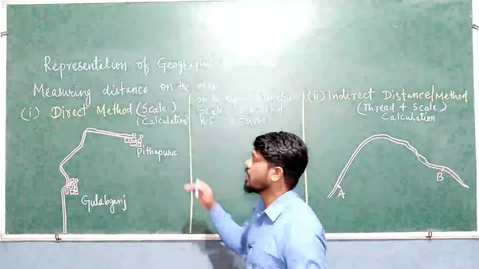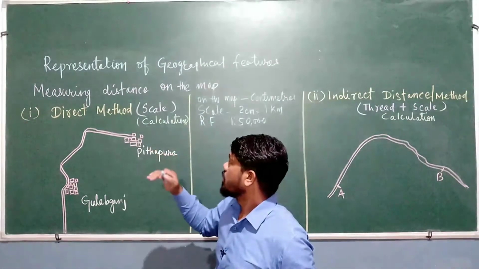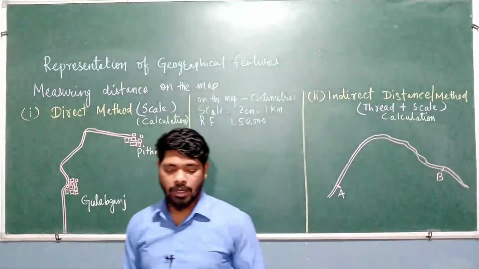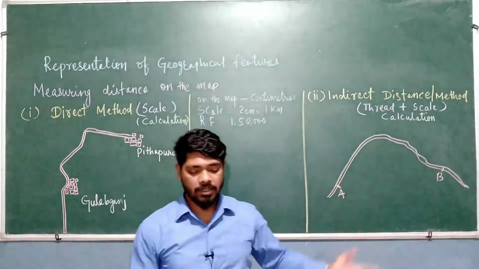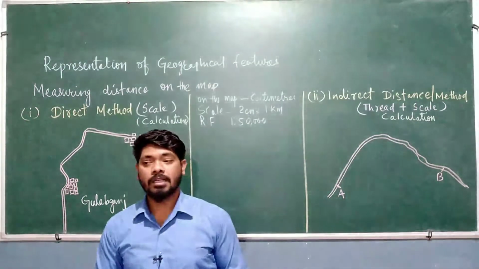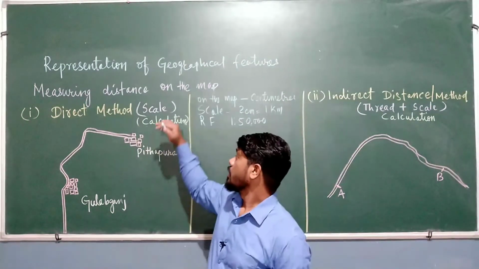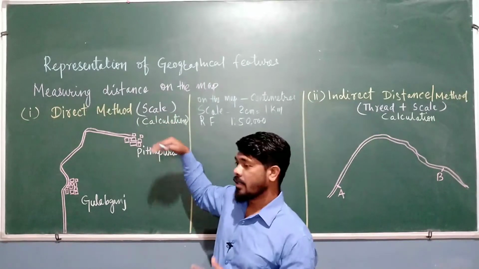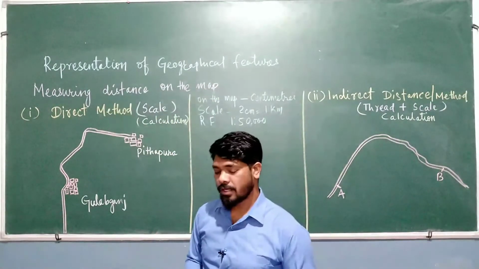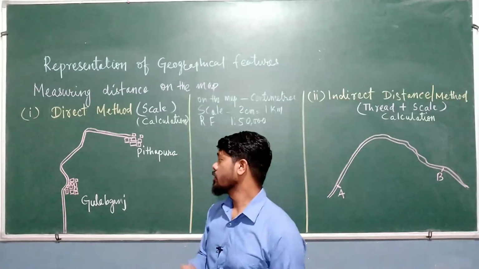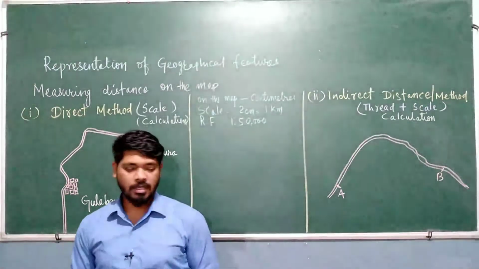Now let us see how the direct method and the indirect method are calculated. In the direct method, with the help of scale, the calculation is done. Suppose there is an example in your textbook.